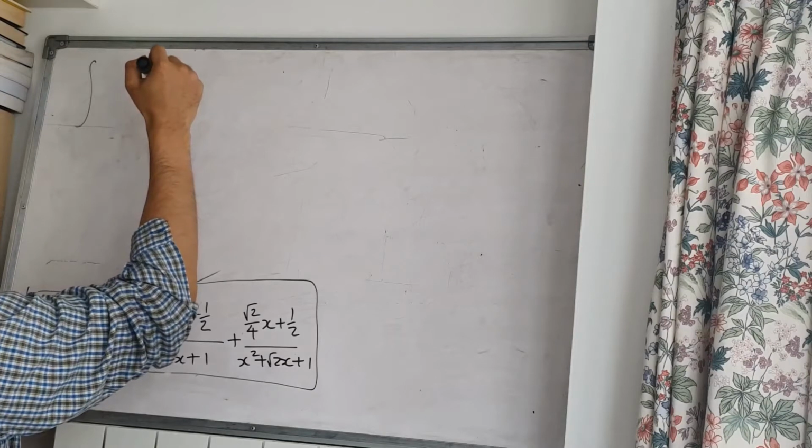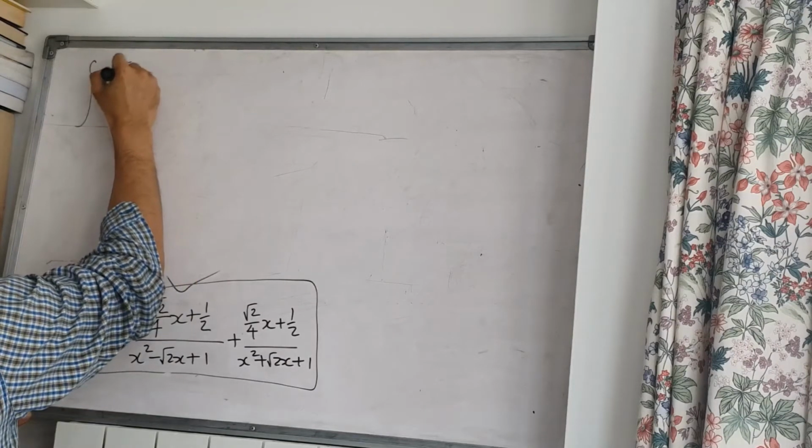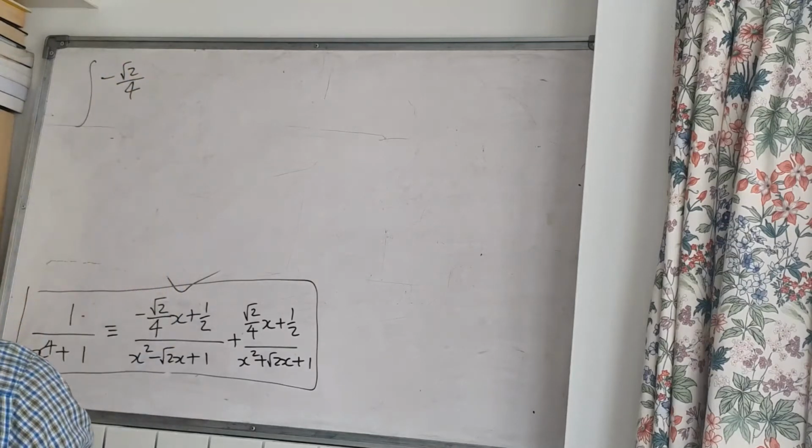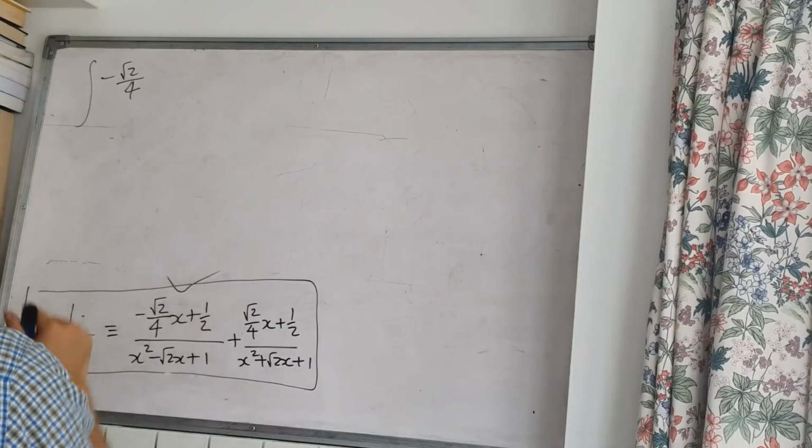Alright, so the integral of 1 over x to the power 4 plus 1 is equal to all of that. So it's just basically rewritten that.